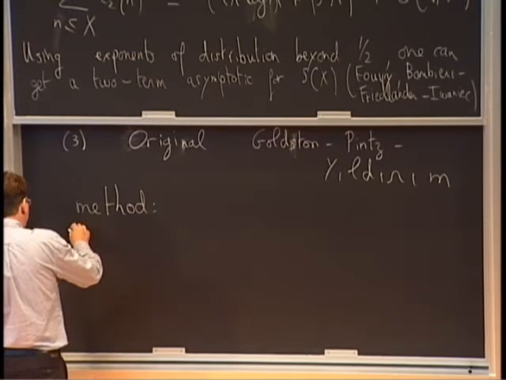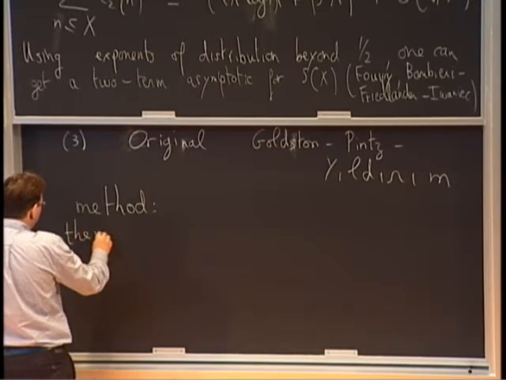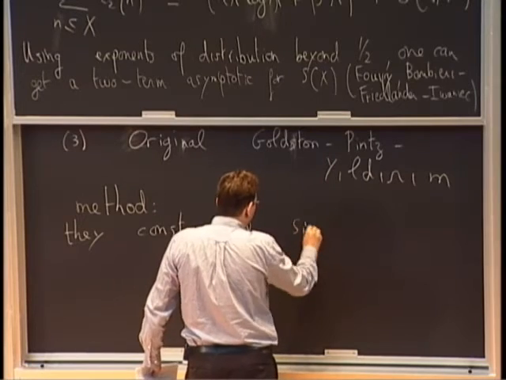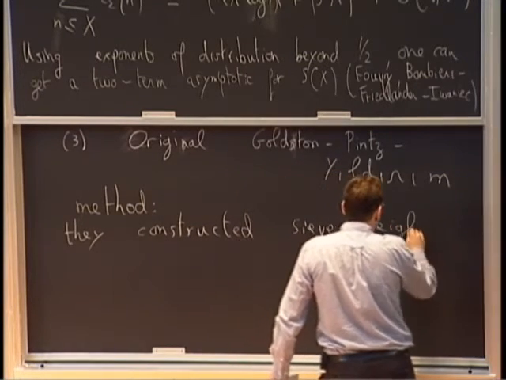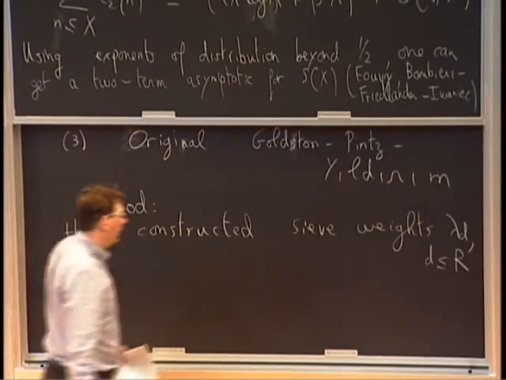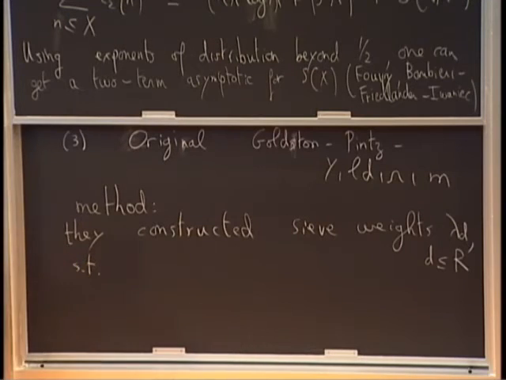So what they did was the following. They constructed Selberg-like sieve weights lambda d defined for d less than some capital R, such that we have some kind of nice lower bound for the expression that tries to count how many shifted tuples for an admissible tuple contain at least one prime, which had the following shape.